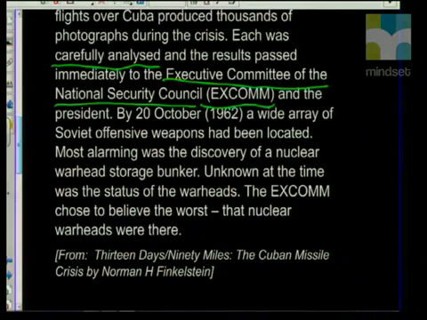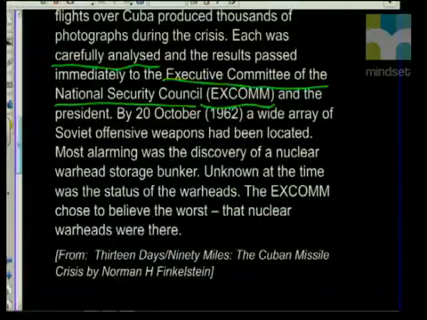Okay, and then it goes on to say, by 20 October 1962, a wide array of Soviet offensive weapons had been located. Most alarming was the discovery of a nuclear warhead storage bunker. Unknown at the time was the status of the warheads. Okay, so it just carries on about the discoveries that the United States got from those photographs.